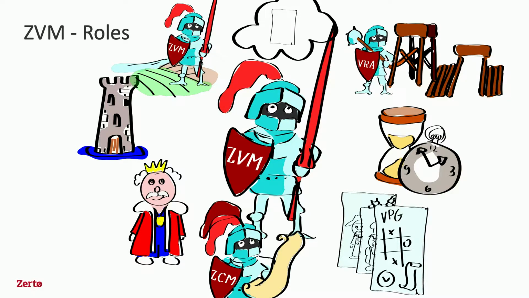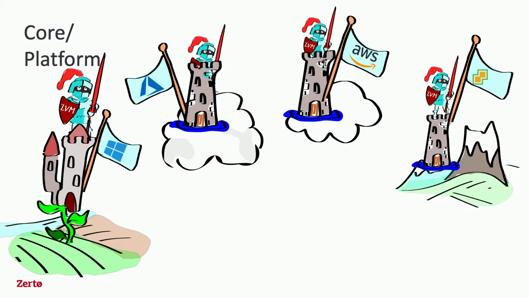Right, so we already saw that we support multiple hypervisors, multiple different environments. But one important thing we need to understand is that we use the same product for all these environments. So it's the same code, the same compiled code that is running on all these environments. So if we were to look at each and every one of these guys and send him to medical examination, we will see, right, that he has very specialized tools for each environment.